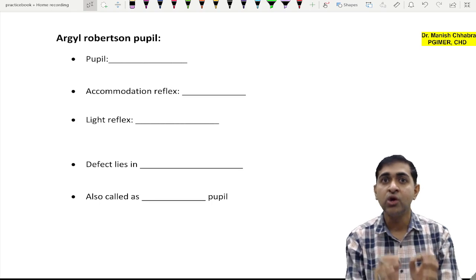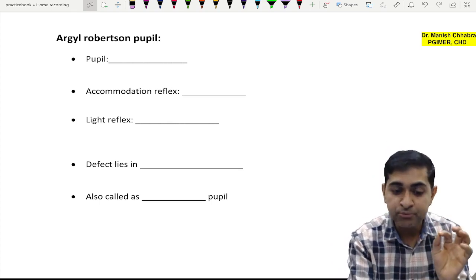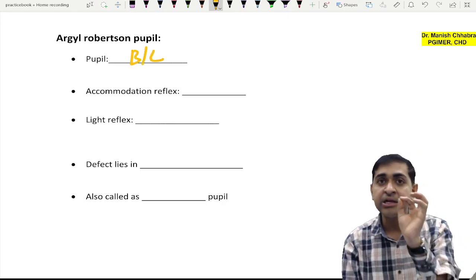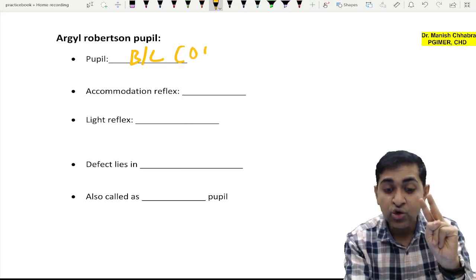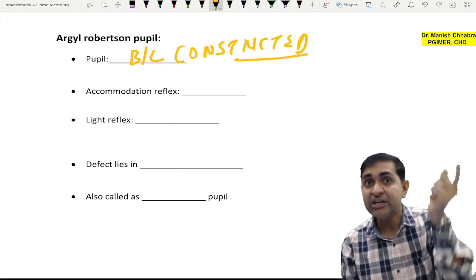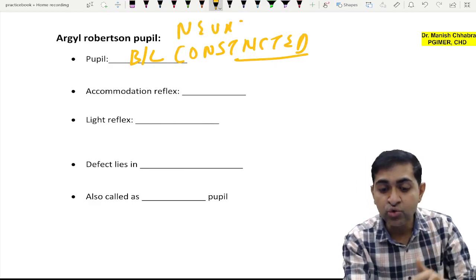Now coming over to Argyll Robertson pupil. Now Argyll Robertson pupil is when the pupil is bilaterally constricted and the disease which is responsible is neurosyphilis.